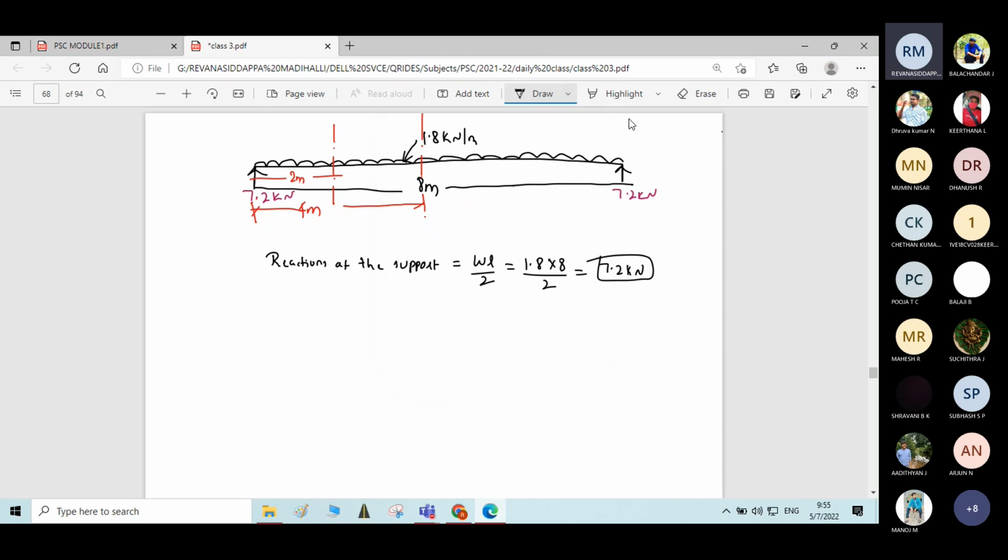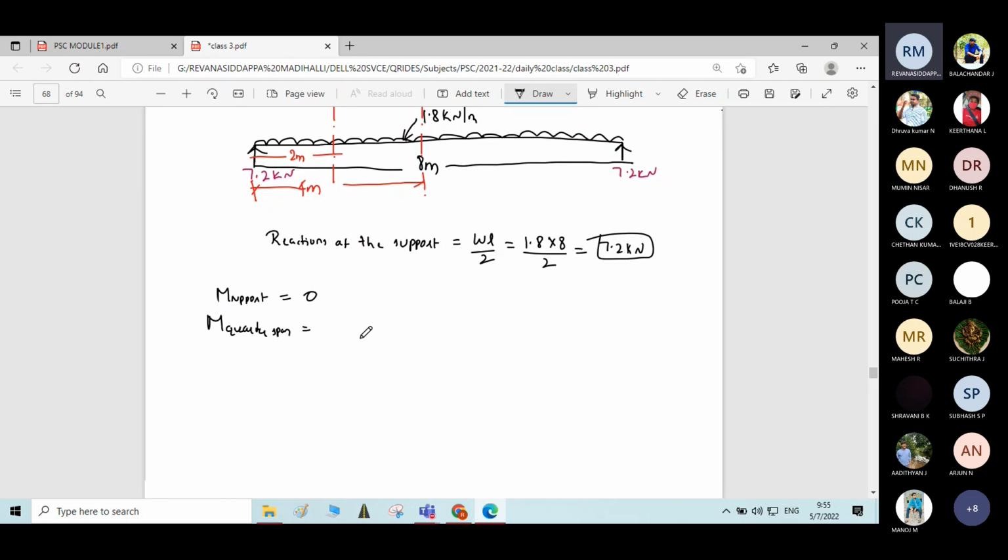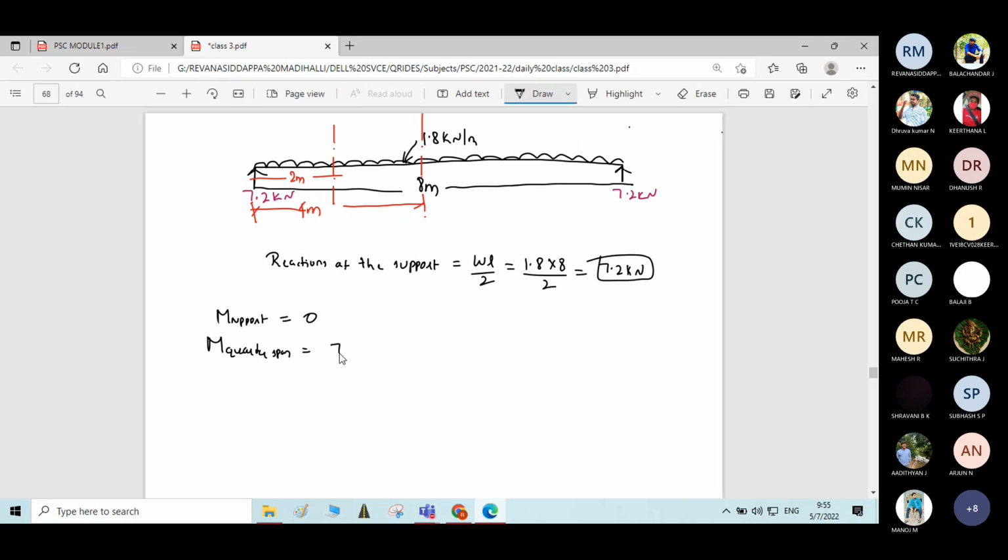Now you can calculate moments at corresponding points. Moment at support is 0. Moment at quarter span is equal to 7.2 into 2 meter minus moment of this UDL, 1.8 into 2 into 2 divided by 2. The answer is 10.8 kilonewton meter or 10.8 into 10 power 6 Newton millimeter.